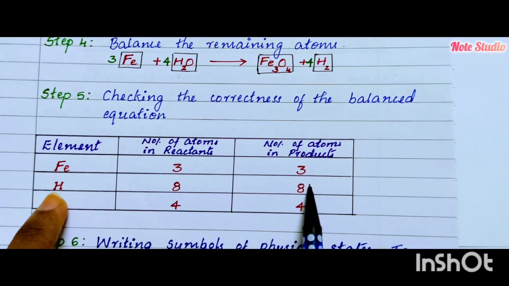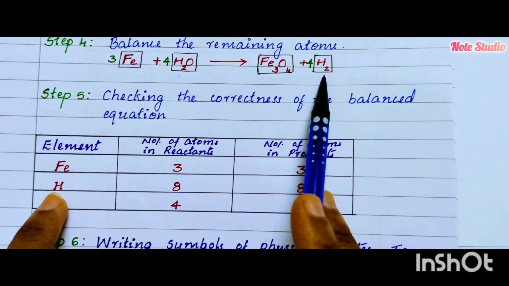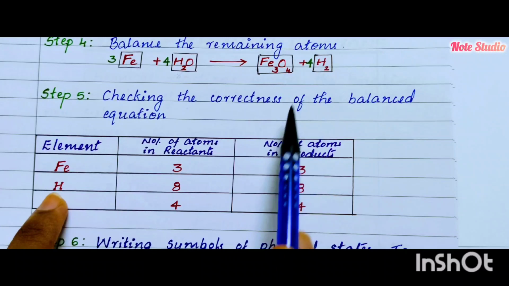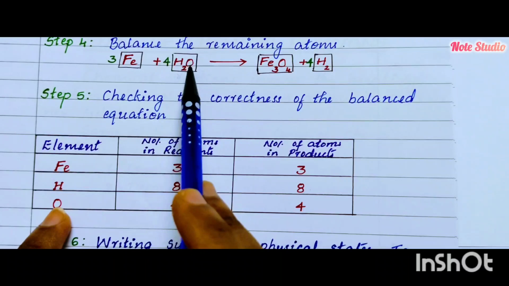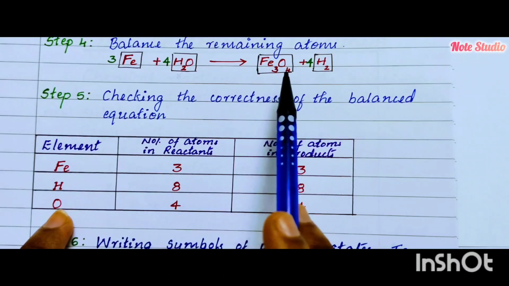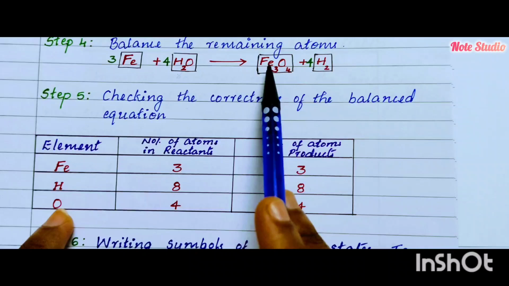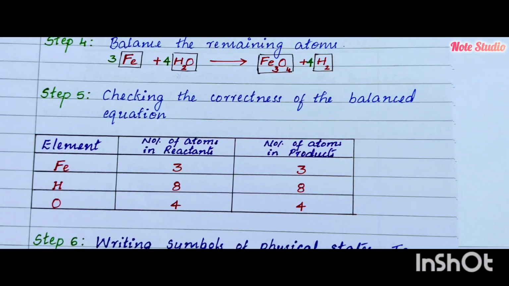In the product side 4 into 2, we have to multiply this, it is 8. Oxygen is 4 in the reactant side, and in the product side oxygen is 4. What do you think now? Now this equation is balanced. Equal numbers of atoms are present on both sides of the equation, in the reactant side as well as in the product side. Hence we can say that this equation is balanced now.